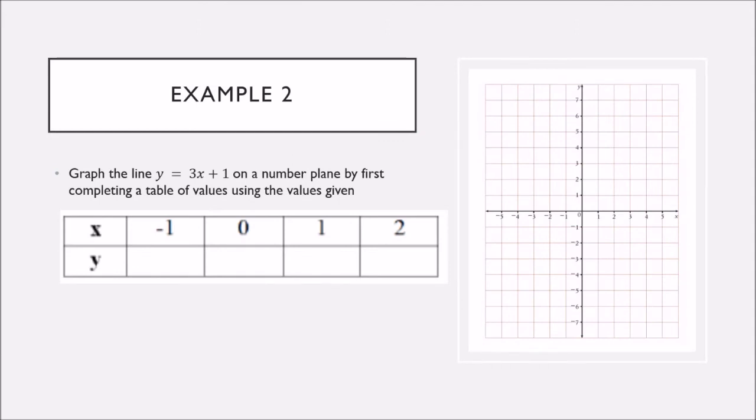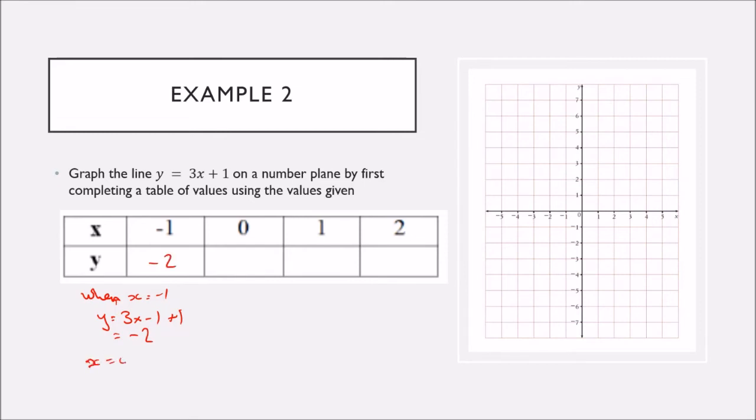And next one, we want to graph the line y equals 3x plus 1 on the number plane by first completing our table of values using our table given. When x equals -1, y equals 3 times -1 plus 1. So 3 times -1 is -3, plus 1 will give us -2.